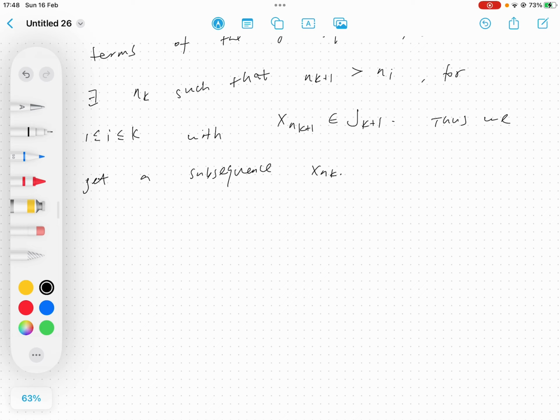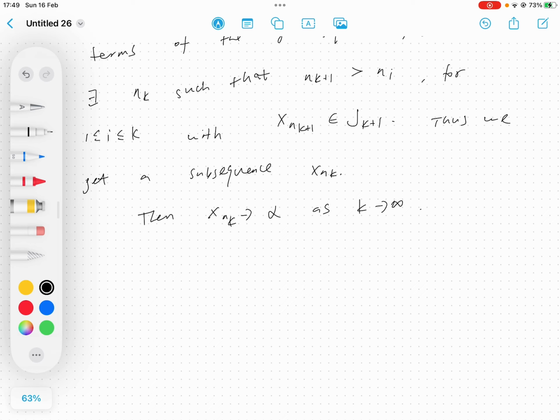Good. So, all right, and then x_{nk} converges to alpha as k goes to infinity.